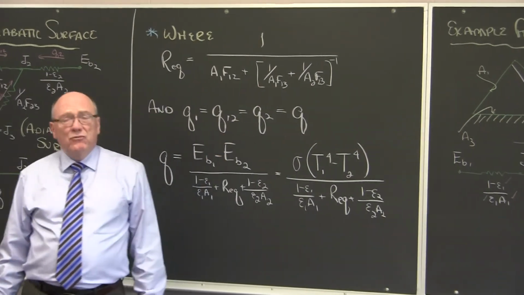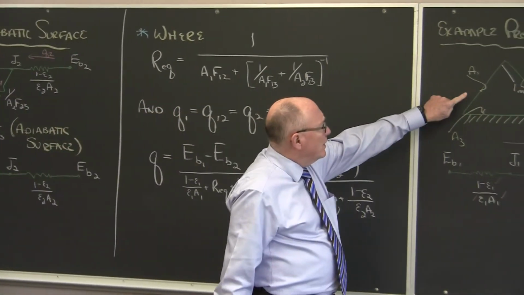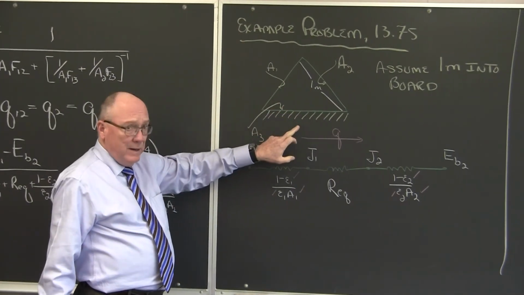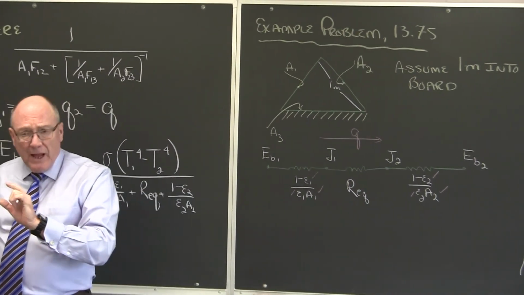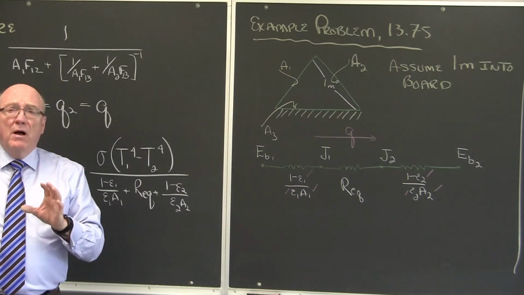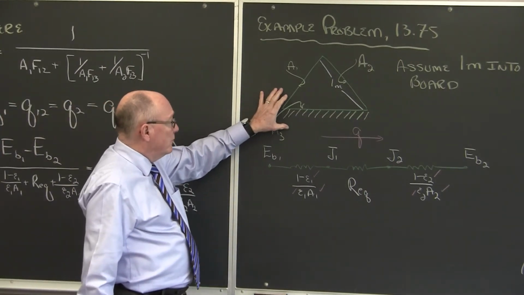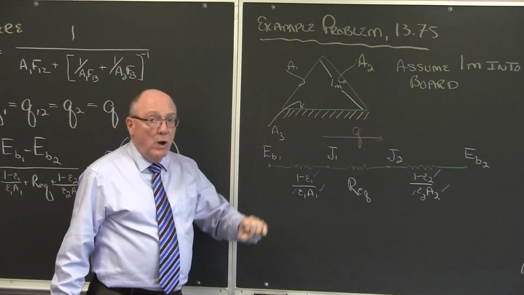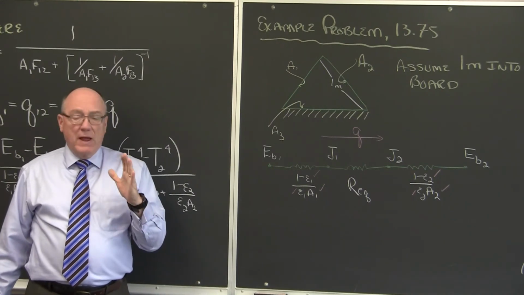Now some of you, I suspect, have already figured this out. How does surface area 1 see surface area 2 and 3? Now, as you know from a couple of classes ago, we know that the view factors must sum to 1. In other words, there are 3 view factors that could come into play here. F1 to 1. Does surface 1 see itself? And the answer, of course, is no. It doesn't see itself because it's a flat plane.